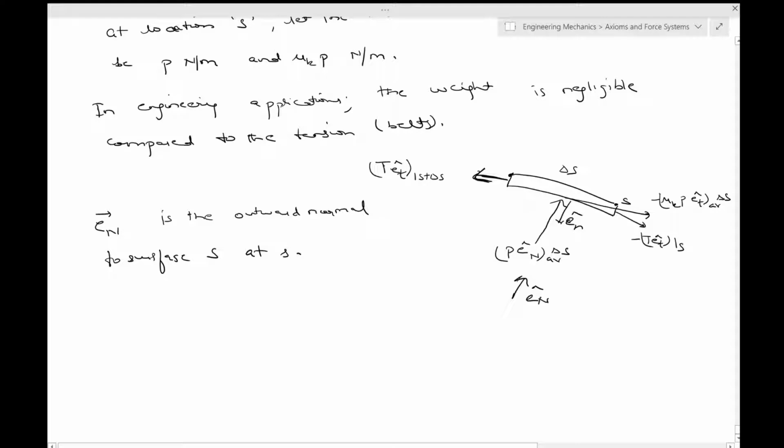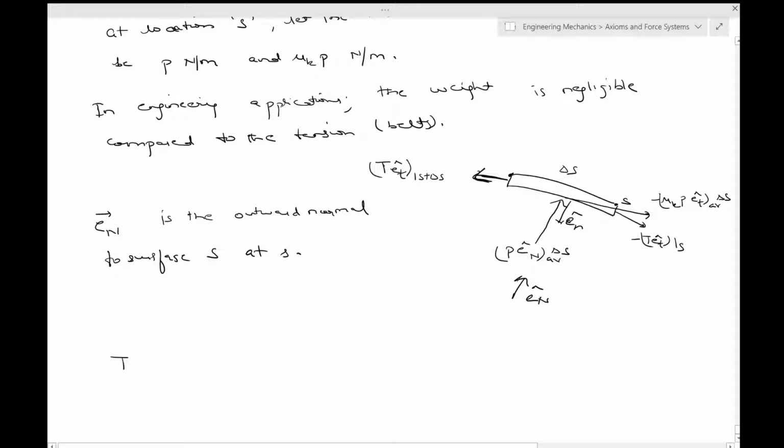Now we have to write the equation of motion for this element in the path coordinate system. Let's first write the forces in the tangential direction.